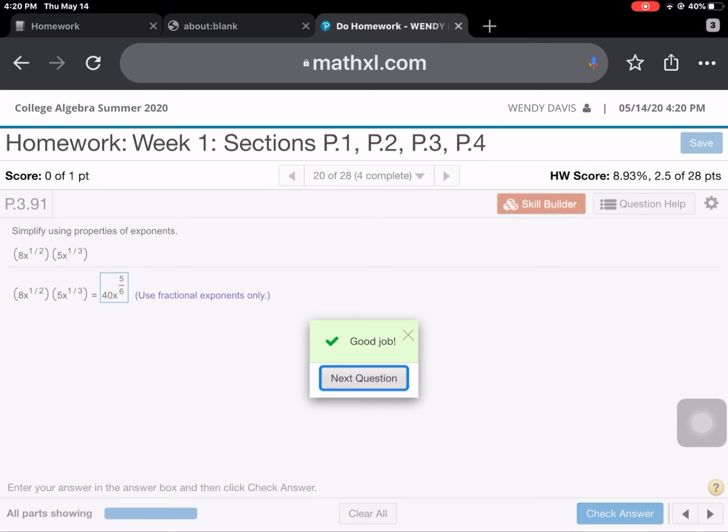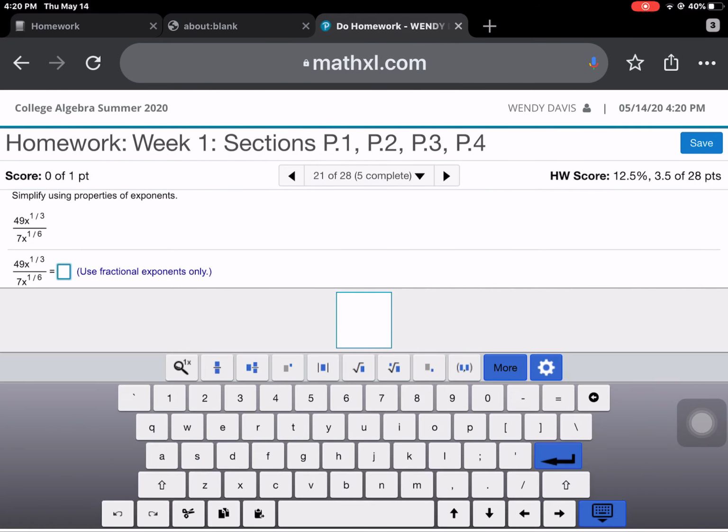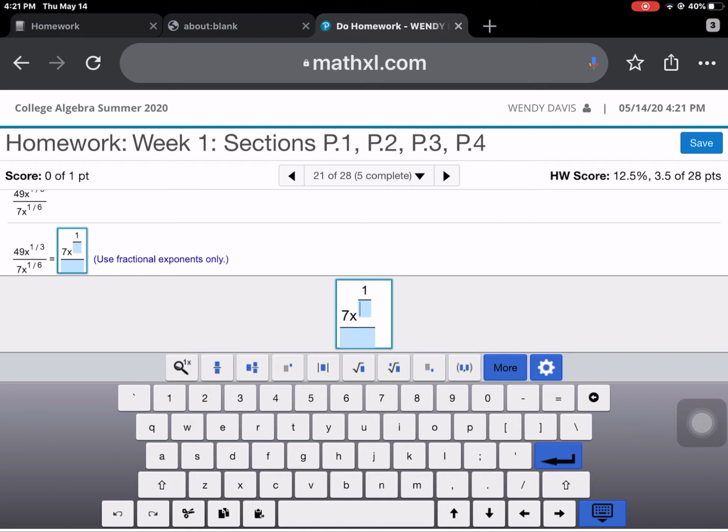Okay, let's move on to 21. Okay, click in your box. I need a fraction. Okay, 49 divided by 7 is 7. Then I need to have an exponent. Now my exponent's going to be a fraction, so I have to use first the exponent button and then the fraction button.